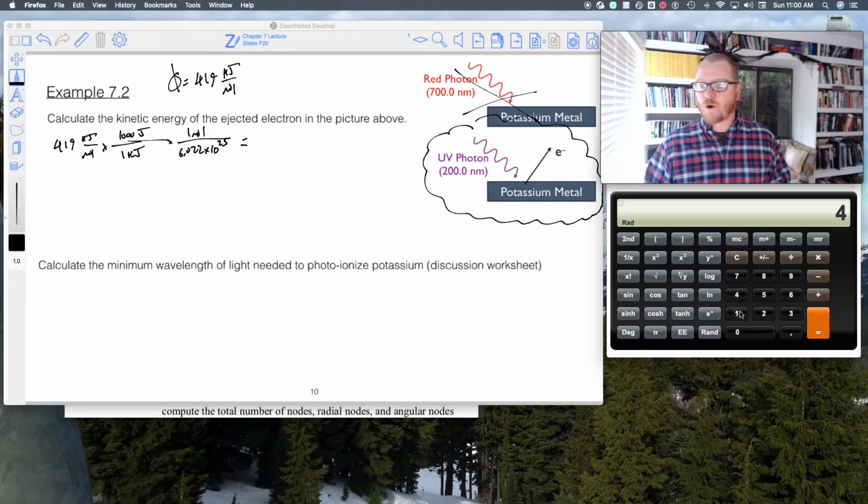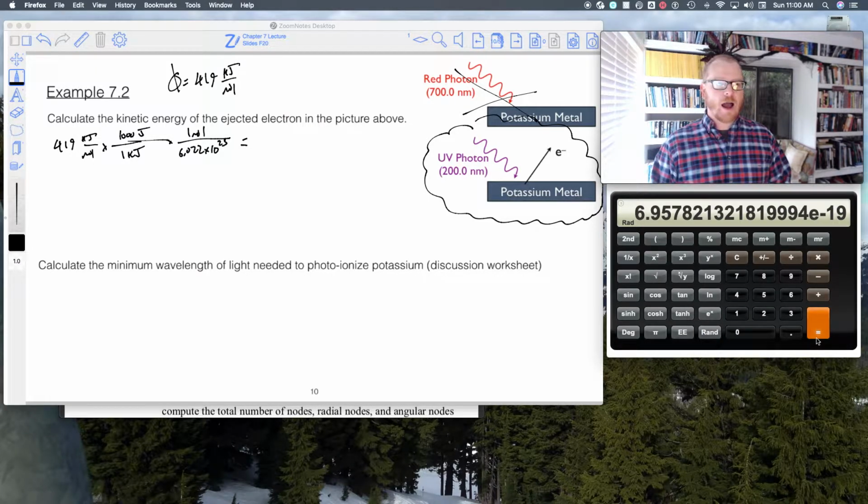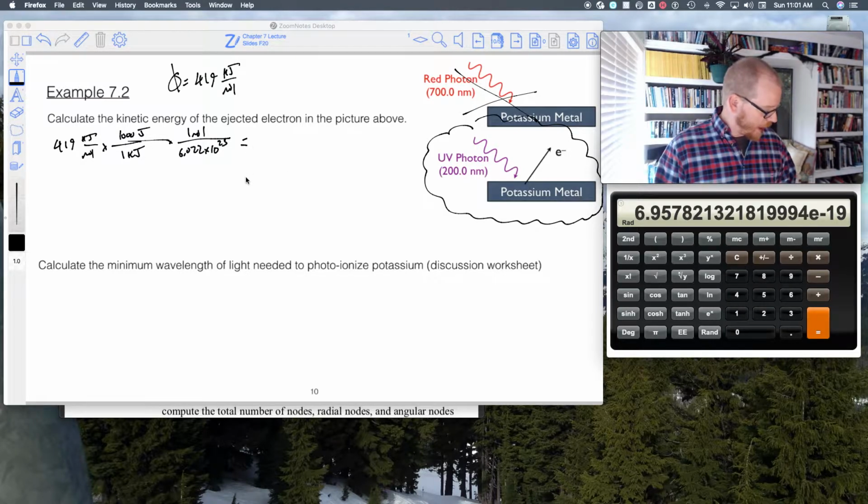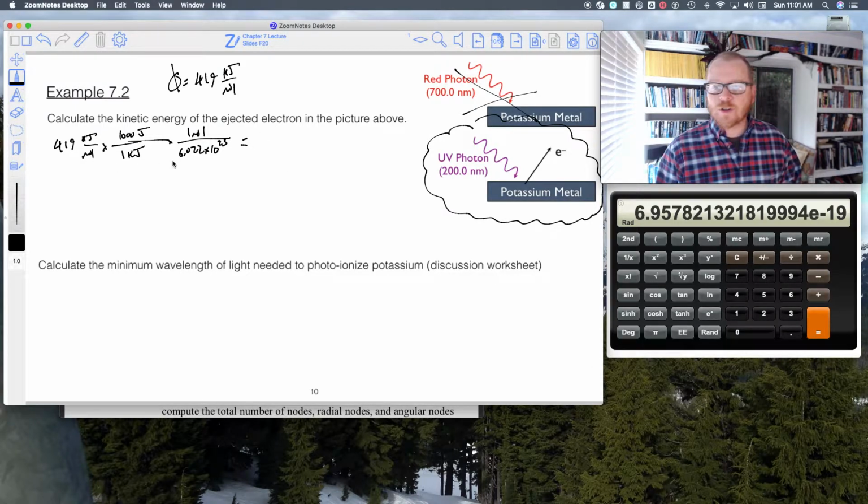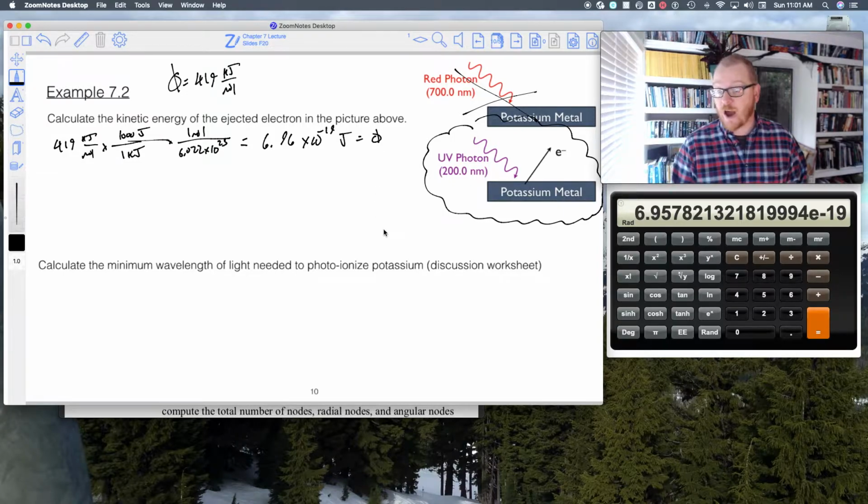So 419 times 1,000, and then divided by 6.022 e to the 23 equals, and that looks right. So 3 sig figs, because I had 419, so we'll say 6.96 times 10 to the minus 19 joules equals phi.